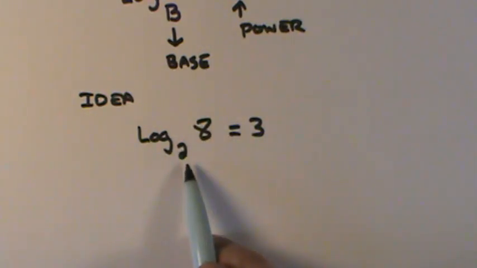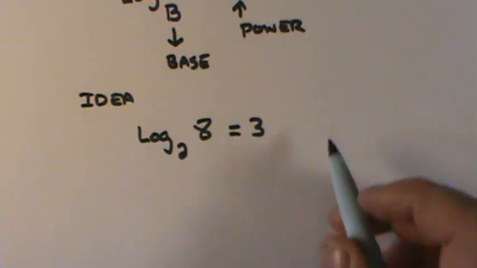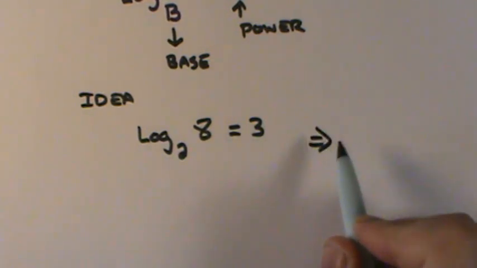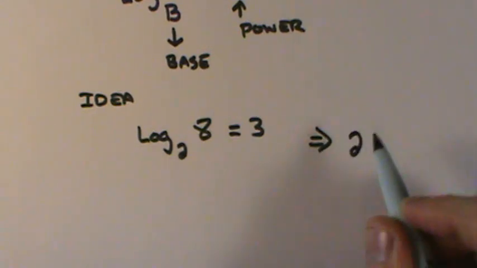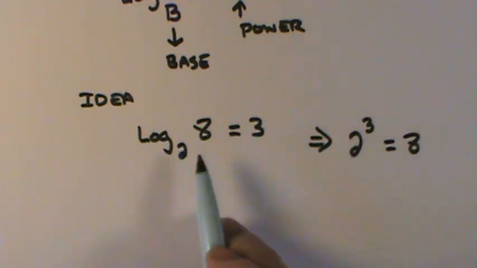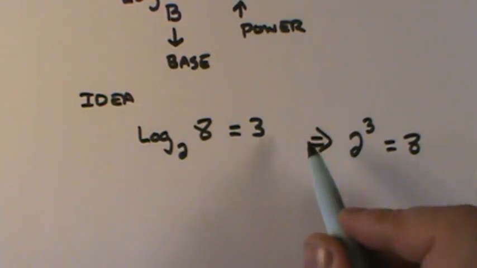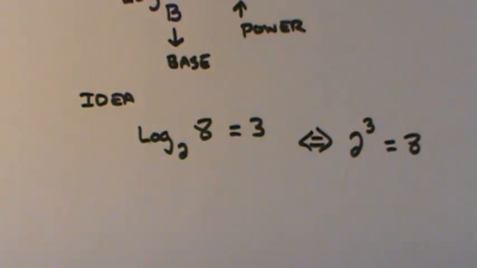So log base 2, 8 equals 3, meaning 2 to the third is equal to 8. And so I'm just going to write it like this. I have 2 raised to the third power is equal to 8. This is leading us to that, or vice versa. It goes either direction.